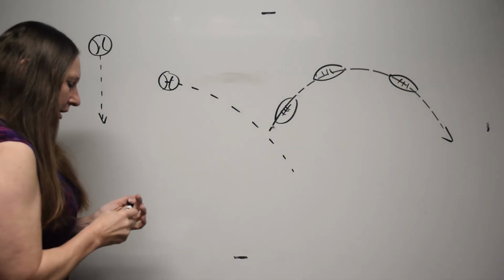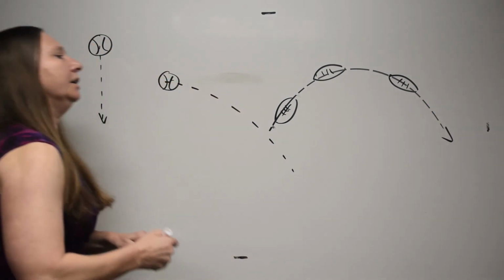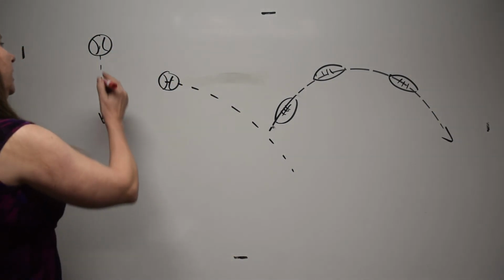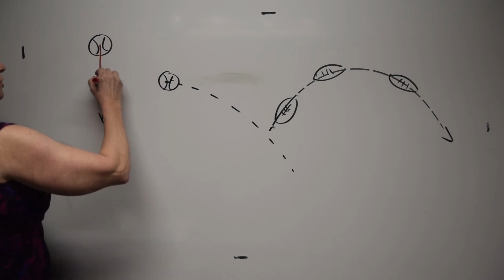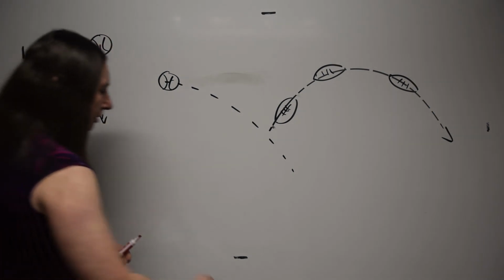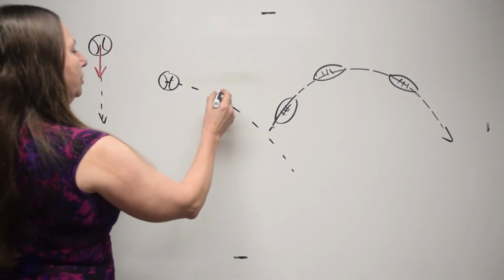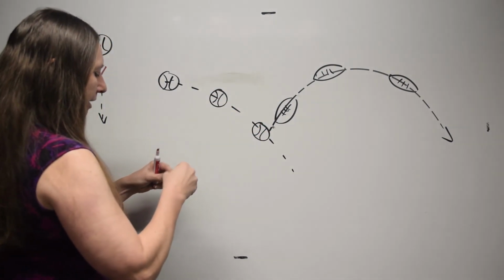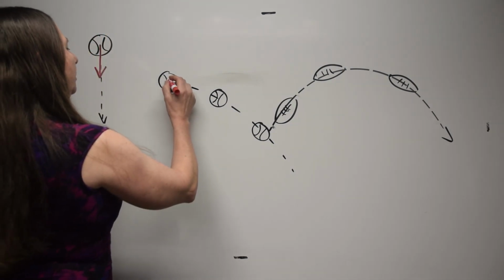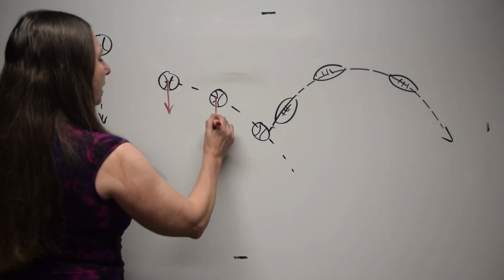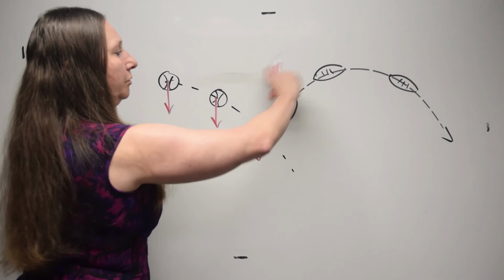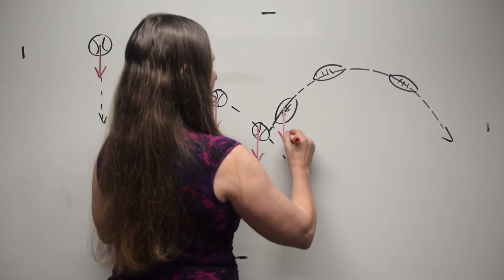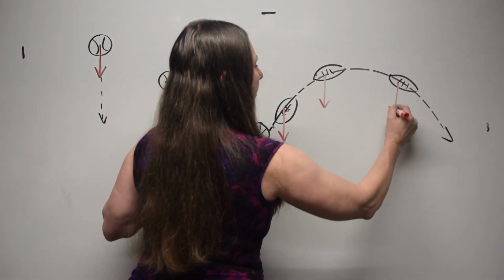The bottom line is that the whole time the baseball is falling down, the Earth is pulling it straight down. The whole time the baseball is going this way, the Earth is pulling it straight down. The whole time the football is going across, the Earth is pulling it straight down.